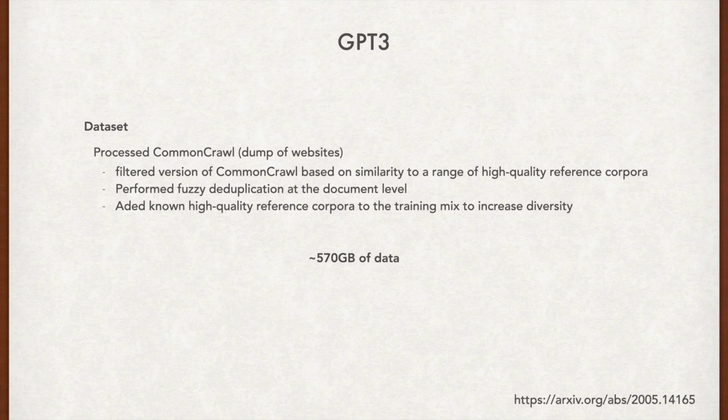The dataset was filtered to remove low-quality data and post-processed using a deduplication procedure to remove duplicates. To increase the diversity, the dataset was enriched with other high-quality reference corpora. The result? About 570 gigabytes of data, over 14 times more than the dataset used to train the GPT-2 model.